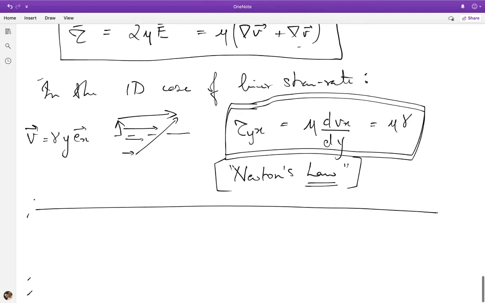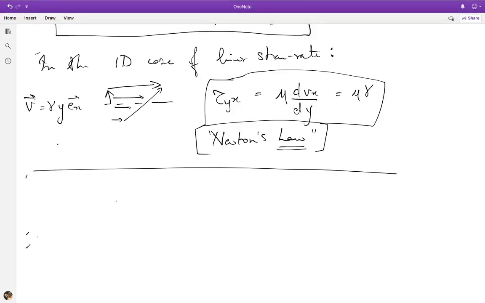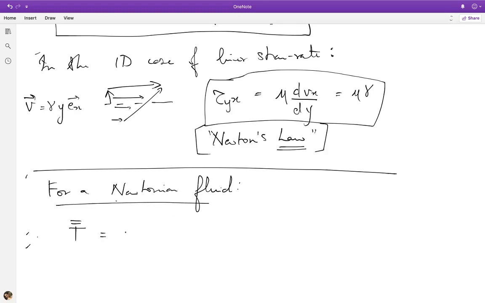Okay, so let's do that now. For a Newtonian fluid, that is a linear Stokesian fluid, we have the stress tensor, which has its isotropic part, the part of the stress that acts normally, the pressure force.